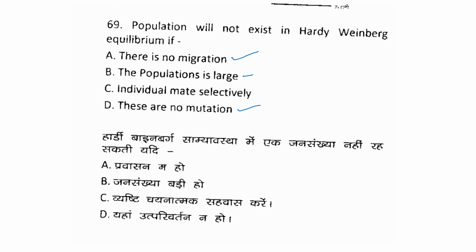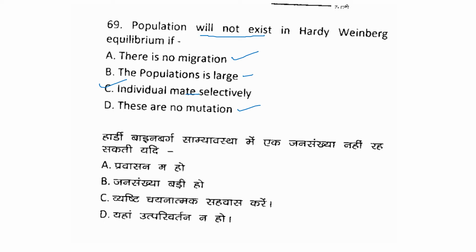For equilibrium to be maintained, all these conditions should be met. But here the question has been asked: will not exist. It will not exist if the individuals mate selectively. So the answer will be C.